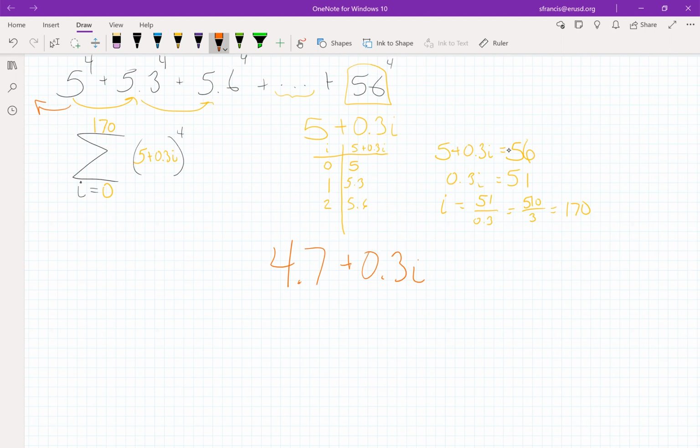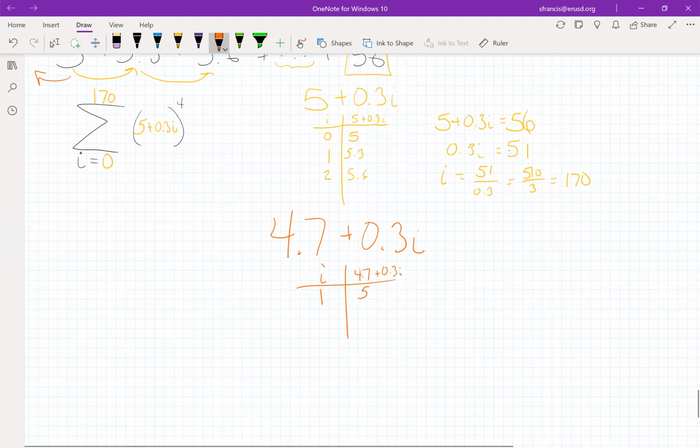If I did it this way, then the first value of i that I would plug in to produce 5 would have to be 1, because 4.7 plus 0.3 is 5. That's obtained when i equals 1. When i equals 2, then I would put 0.3 times 2, which is 0.6, plus 4.7, which is 5.3.